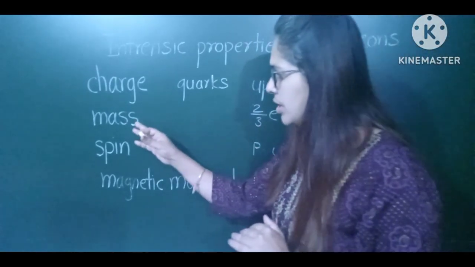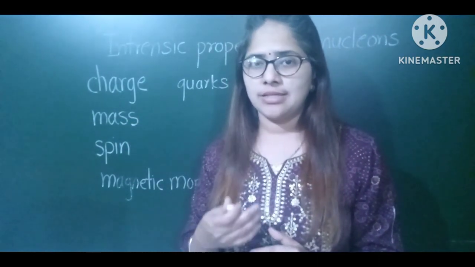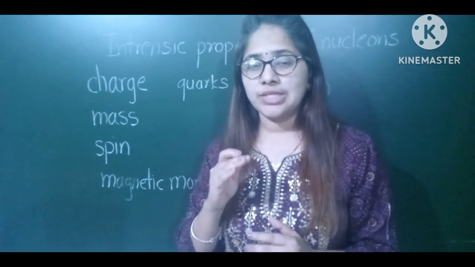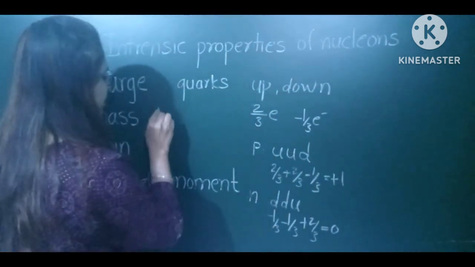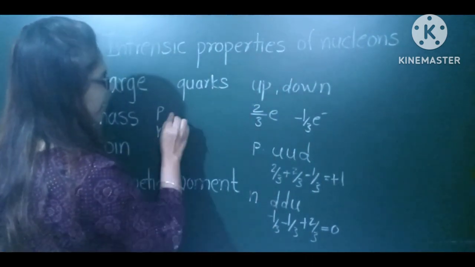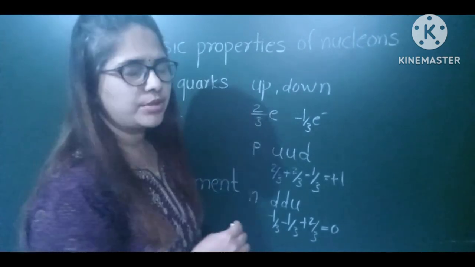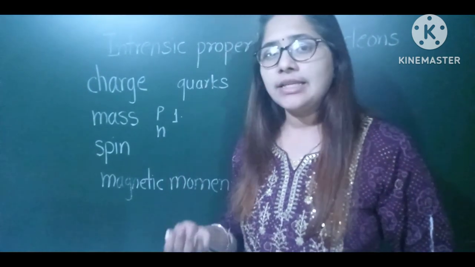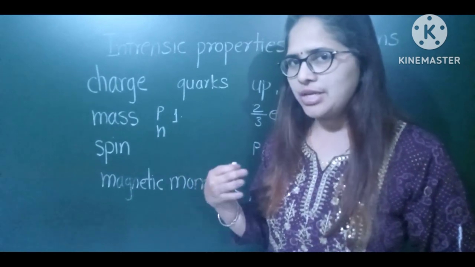Let us see what the mass is. Generally masses are taken in atomic mass unit, which is AMU. The mass of the proton and the mass of the neutron are nearly equal to 1 AMU, and for all calculations in nuclear and particle physics, we take the mass of the proton and the neutron as 1 AMU.